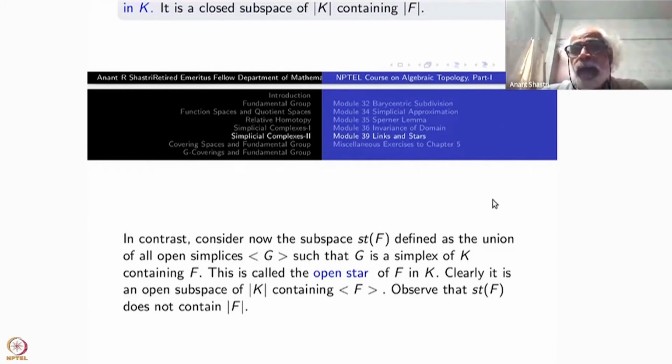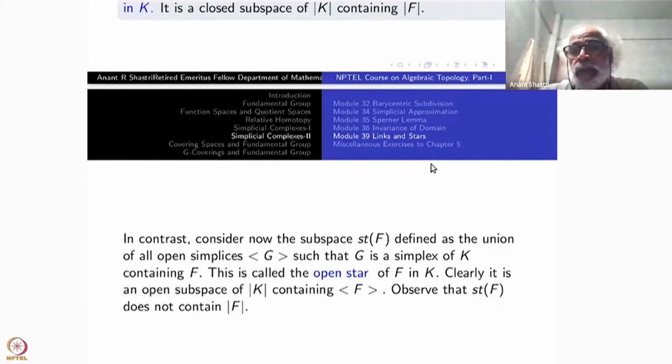For example, inside a triangle, an empty triangle, only three sides are there. Take one of the sides as F. Then what is open F? Open F is the open interval of that side, except the two points are gone. Now, what is open star of F? Of course, you have to take this cell, and then you can take a triangle and take the open triangle.